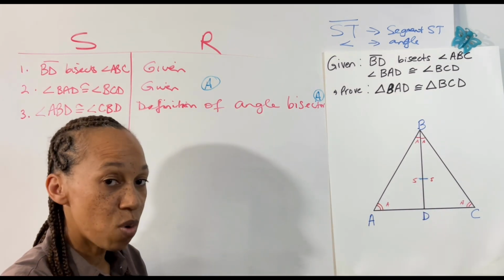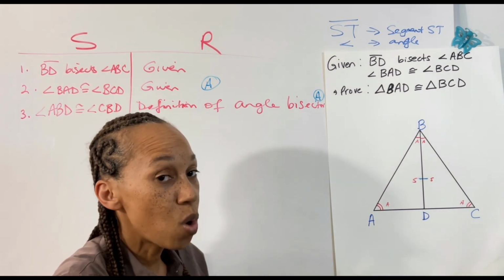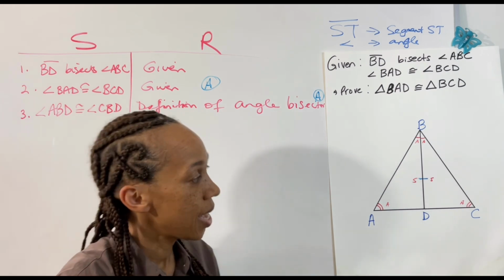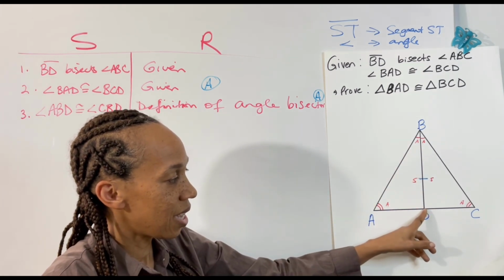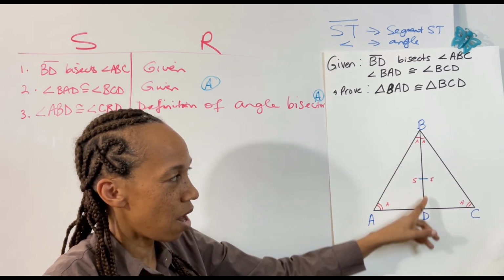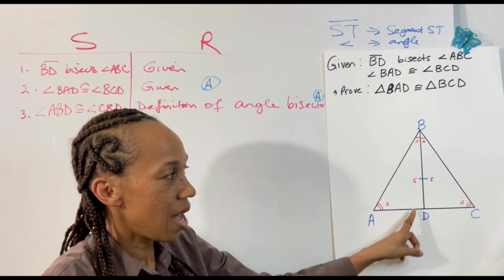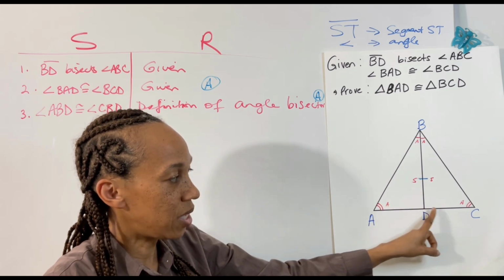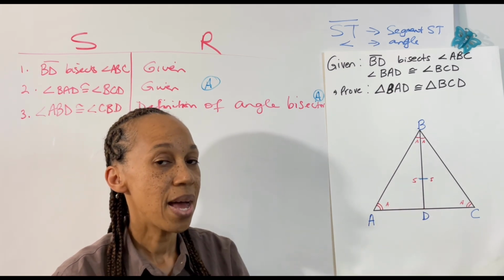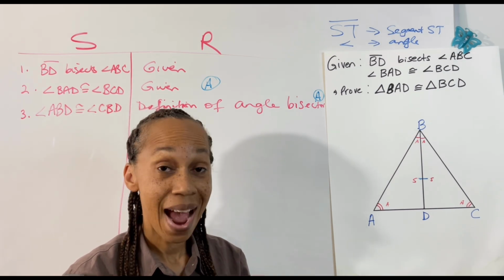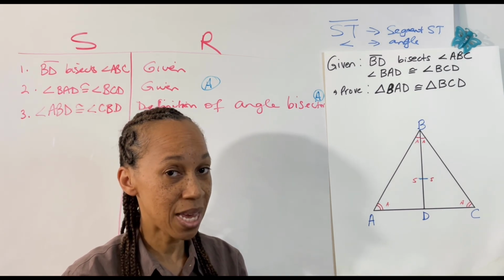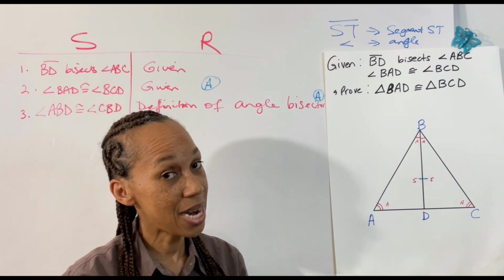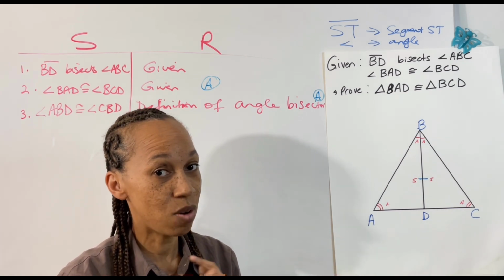Now, another thing I want to say to you, I don't want you to assume that angle BDA and angle BDC form a right angle. I don't want you to assume that. That's making an assumption, and you know what that spells: ASS, and we don't use that.